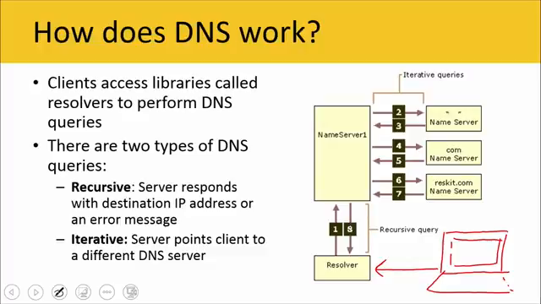The root name server may have the address. If it doesn't, it's going to tell it where to go, and maybe it tells it to go to the COM server. So we went here, the name server says, no, I don't have it, but I can tell you where to find the COM server.